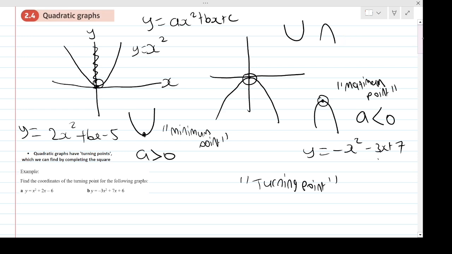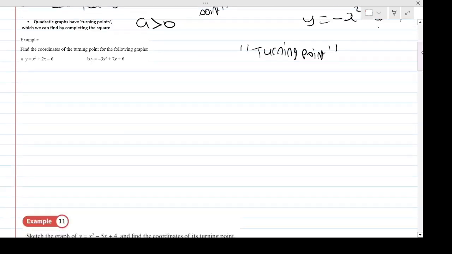So we have one of these two shapes, but both of these shapes have a turning point, right? So we know every quadratic will have a turning point, but it will either have a minimum or maximum depending on the shape. But we can actually work out the actual coordinate of this by using completing the square, which we studied earlier, which is why completing the square can be useful.